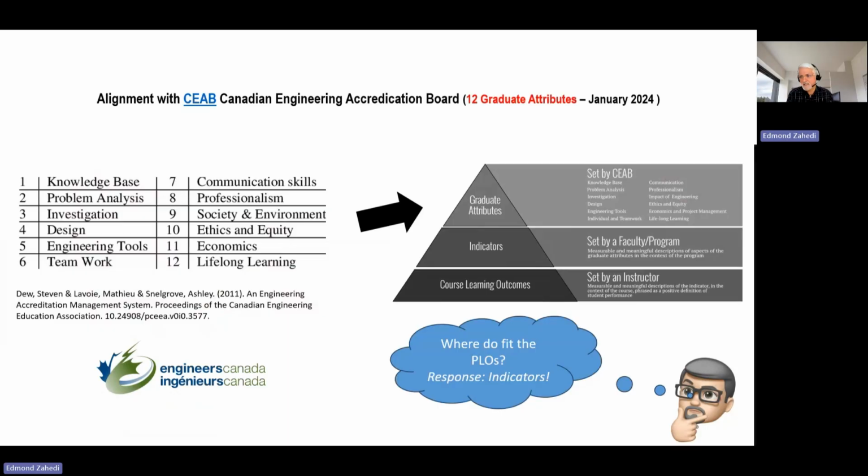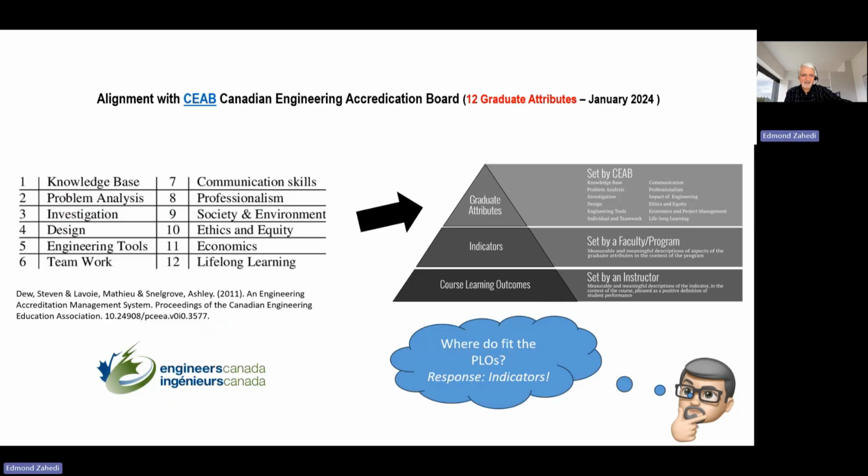This is to tell you that there are so many variants. Let's see in engineering. If some of you are from engineering, and I can see some colleagues from engineering, well, we have course learning outcomes, then we have indicators, graduate attributes. We don't have program learning outcomes. The good news is that the program learning outcomes actually are the indicators that are set by a faculty program and are very specific.